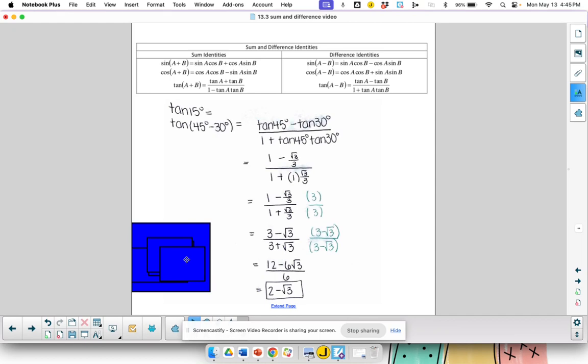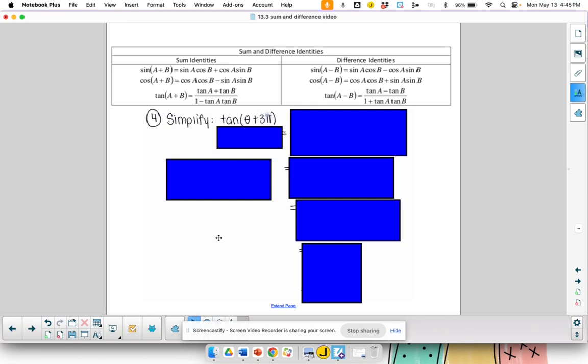All right, and we have, I think it's one last example. Yep. So this says simplify tangent of theta plus 3 pi. So first of all, you cannot distribute the tangent. This does not become tangent of theta plus tangent of 3 pi.